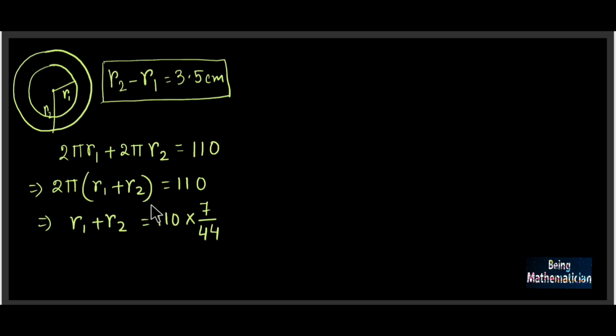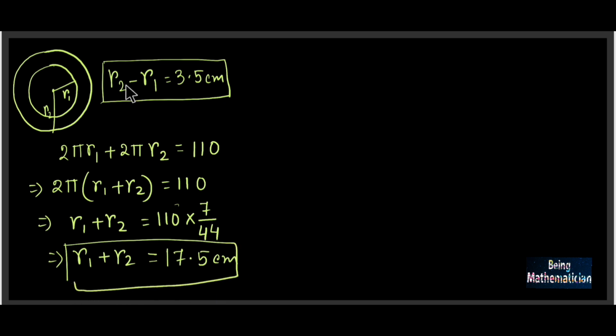So now it simplifies as 17.5 centimeter. So the sum of the radii is 17.5 centimeter and the difference of the radii is 3.5 centimeter. We have to remember these two results.